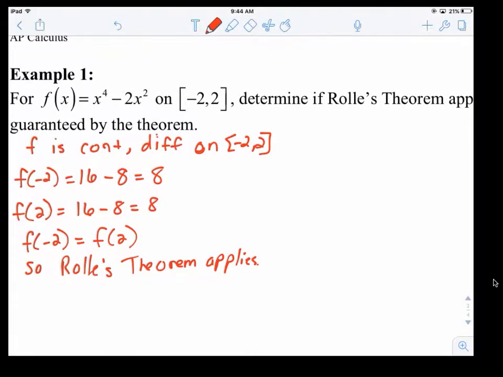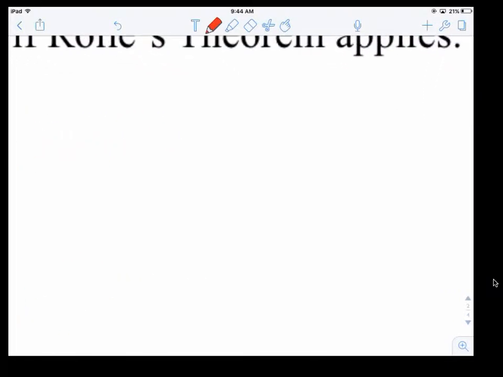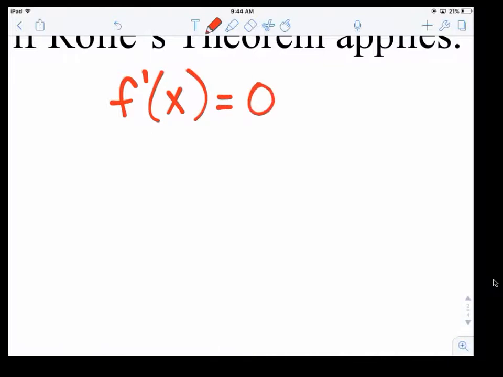All right, so we're trying to see now, in between negative 2 and 2, what value gives me a horizontal slope? So you're trying to see, where does f prime of x equal 0? So what would your derivative be? 4x cubed minus 4x. And you're trying to see, where does that equal 0? So what can I take out?